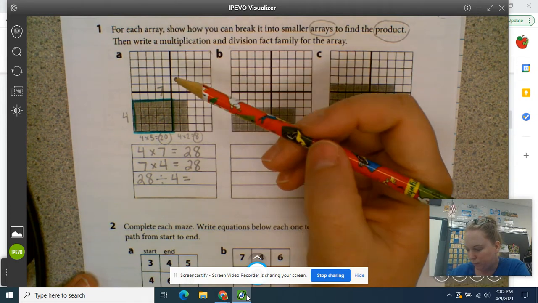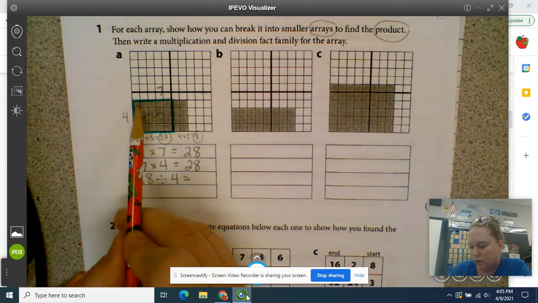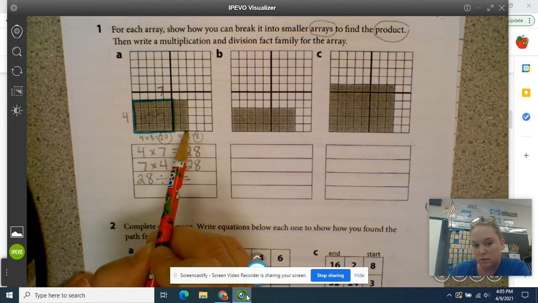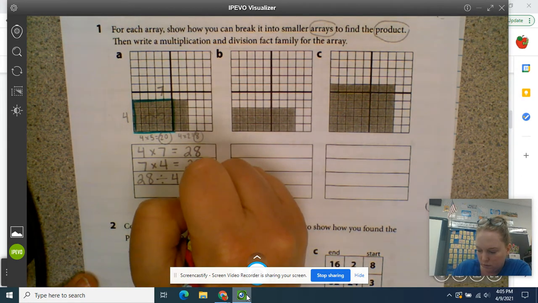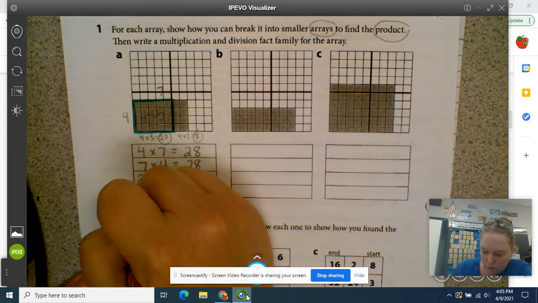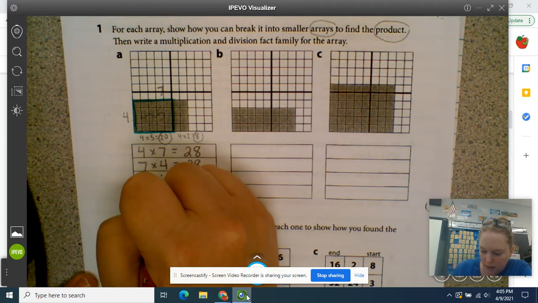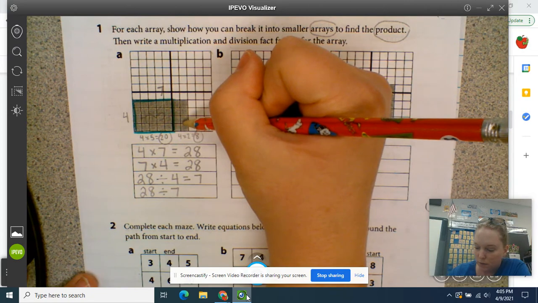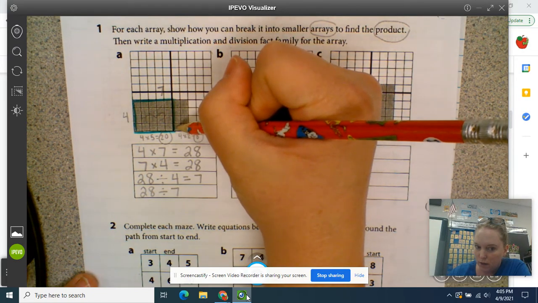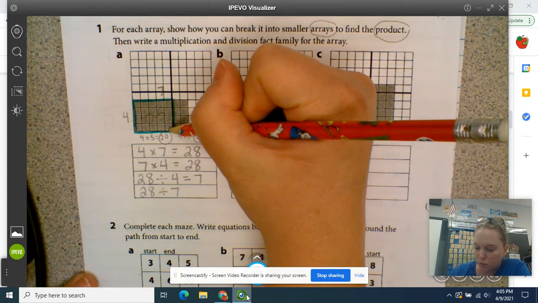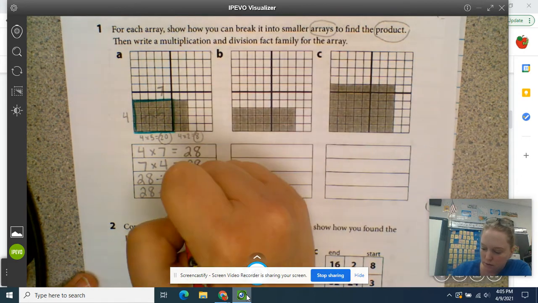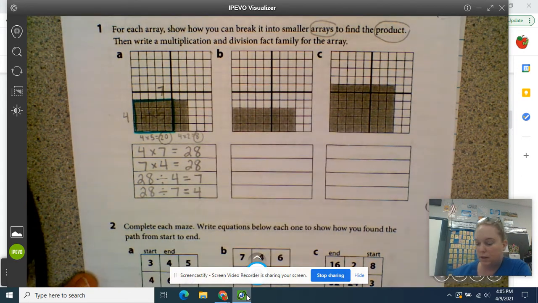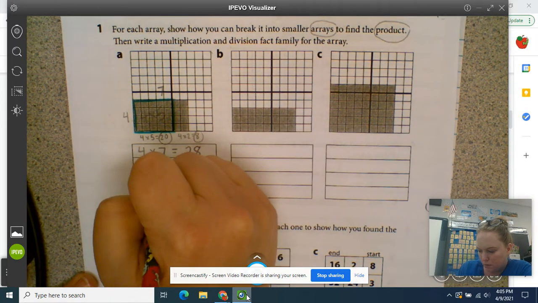So if I've divided it into 4 rows, each row has 7. If I divide the number 28 into 7 columns going down, each column has 4 squares inside of it. So that's our fact family for the first one.